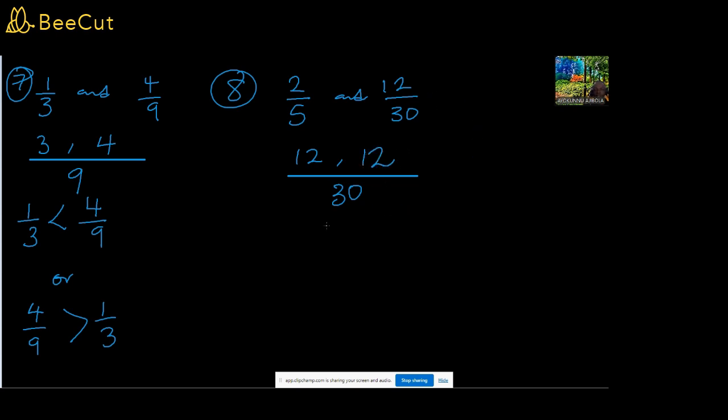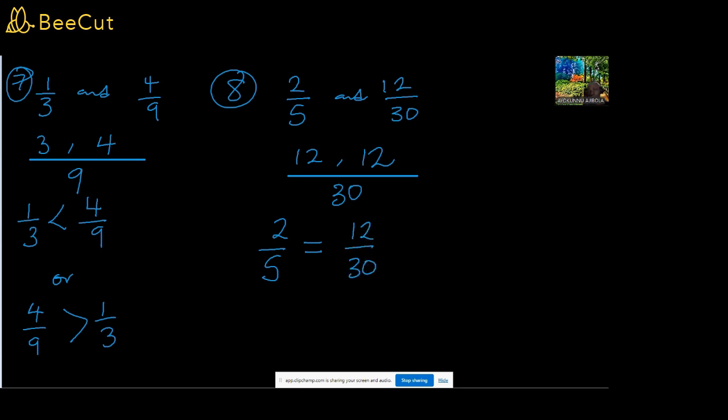12. So is any one greater among the two fractions? Is any one greater among the two fractions, Fikayomi? No, because they give me 12. So definitely, 2 over 5 is equal to 12 over 30.